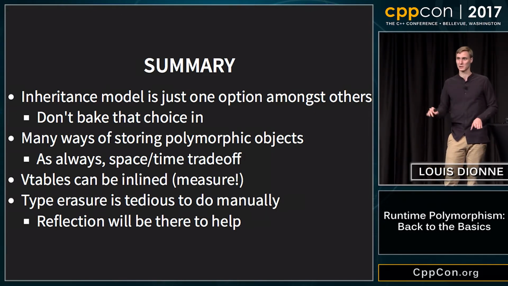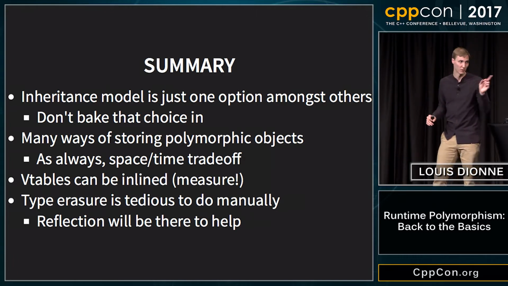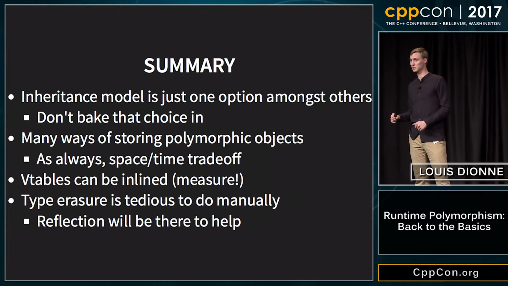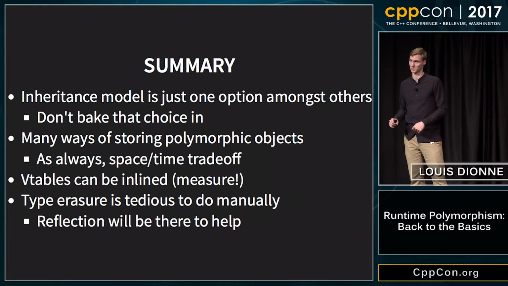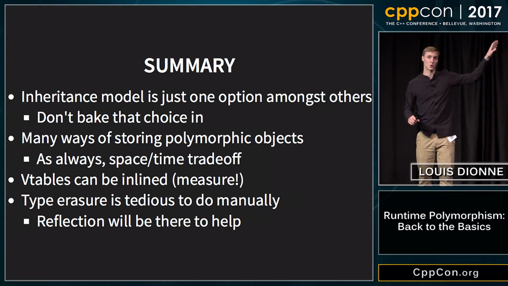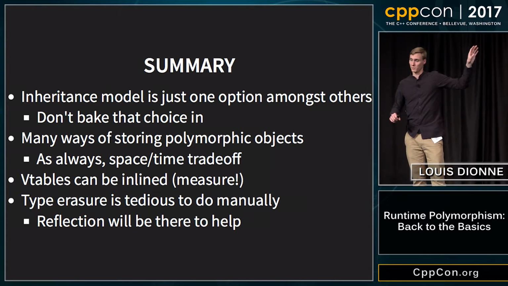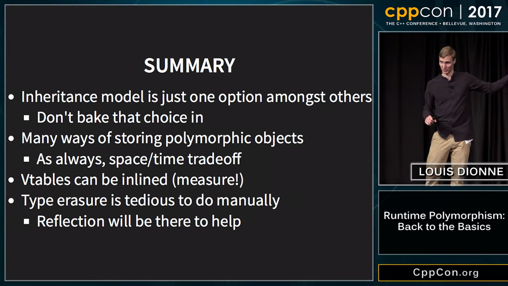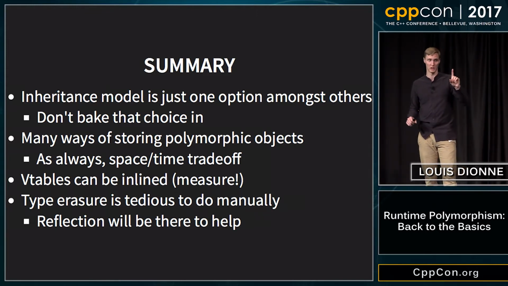But it's absolutely not true that inheritance is a silver bullet, and that it's the only way of doing runtime polymorphism, which is usually what we assume when we do C++. I mean, currently I'm questioning the most fundamental thing in C++, right? This is what makes C++. It was C with classes. So what I'm saying is that's just one design choice, and it's not always the best one. Really not always the best one.